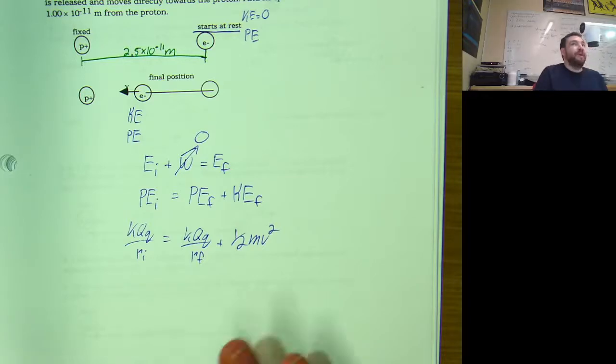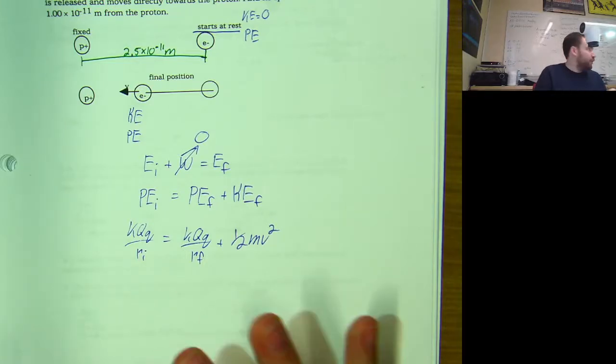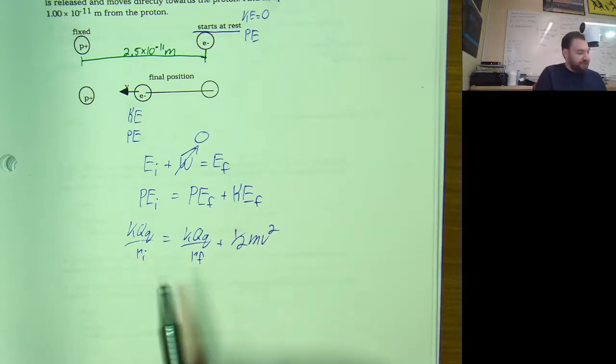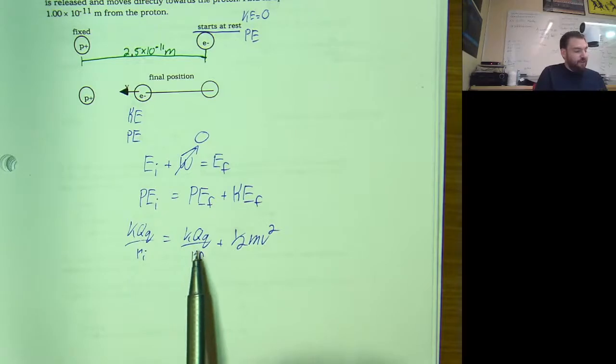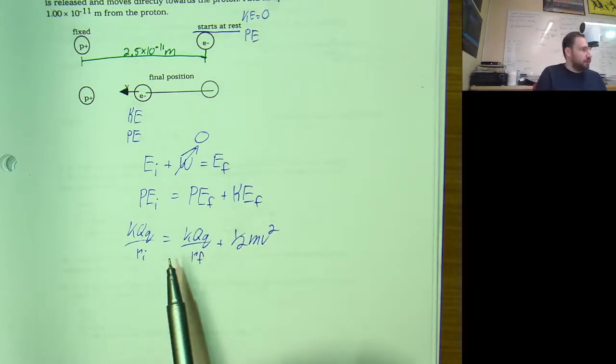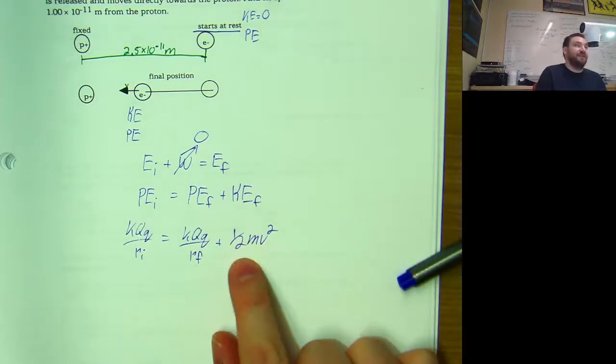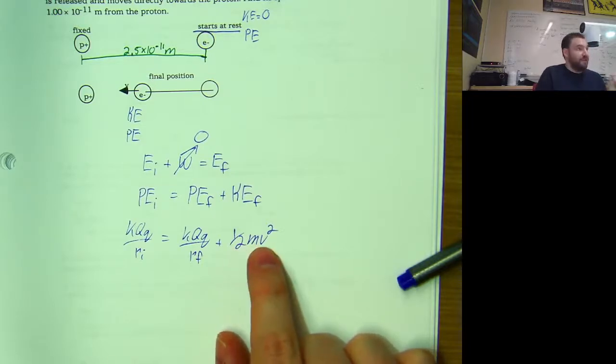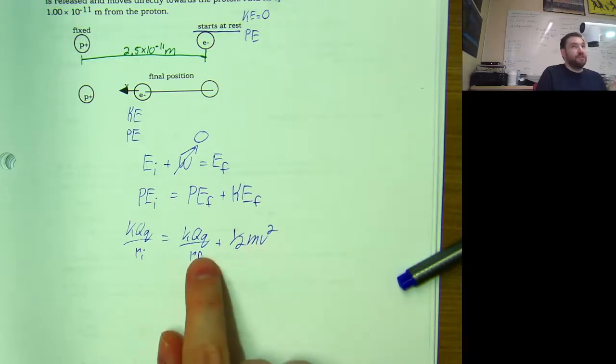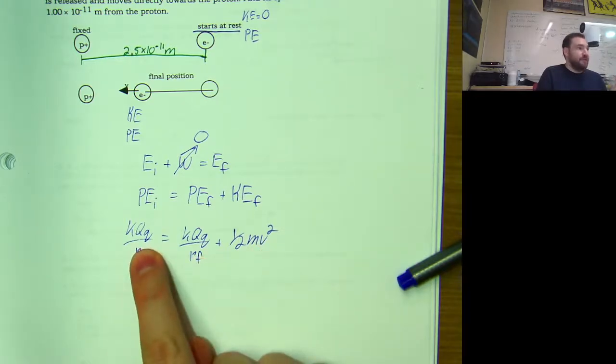At this point, what we could do is insert a whole bunch of values, get a big value for this, a big value for this, and make these things look awful. Or, no, bad Nathan. Because I have this plus term here that includes masses and velocities, I can't do any canceling. But I can say I'm going to solve for v, so I can subtract this over, and then do some factoring out.